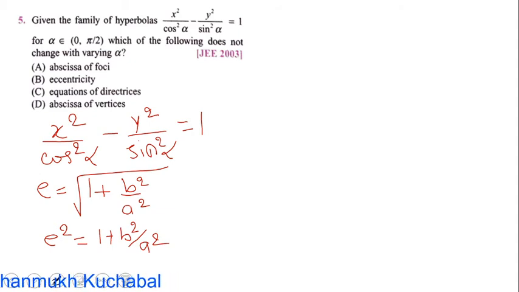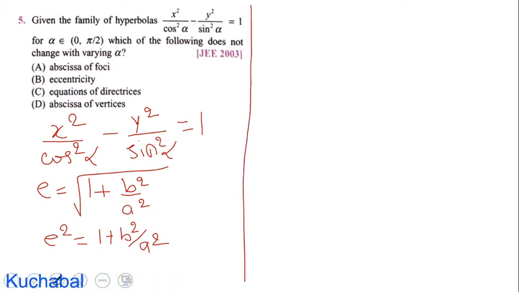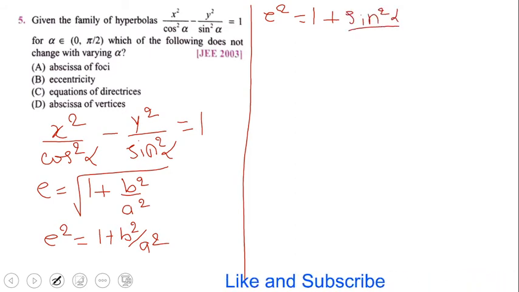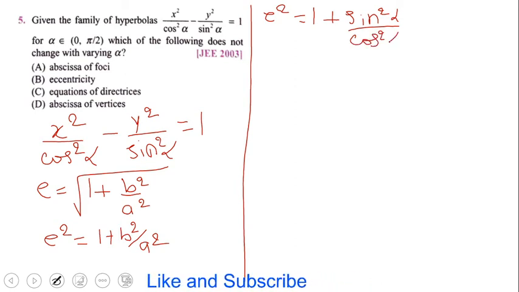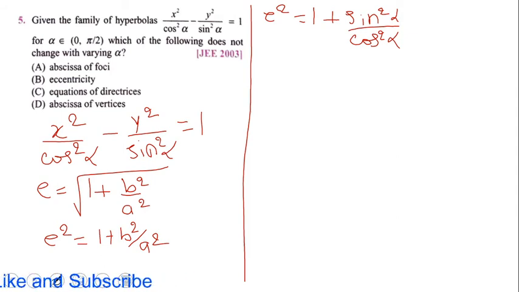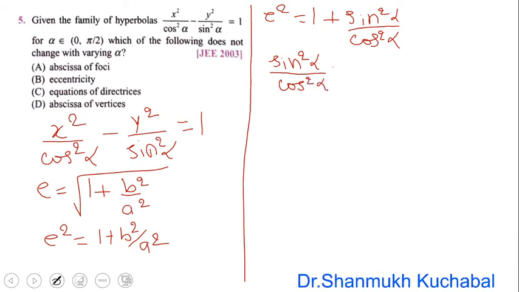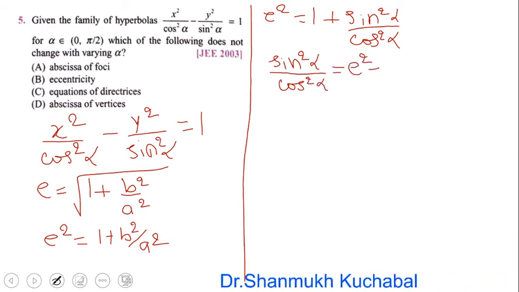We have to simplify these equations. So we get E square equal to 1 plus b square, which is sine square alpha, divided by cos square alpha a square. Then plus 1 we take to the LHS, so we get sine square alpha by cos square alpha equal to E square minus 1.